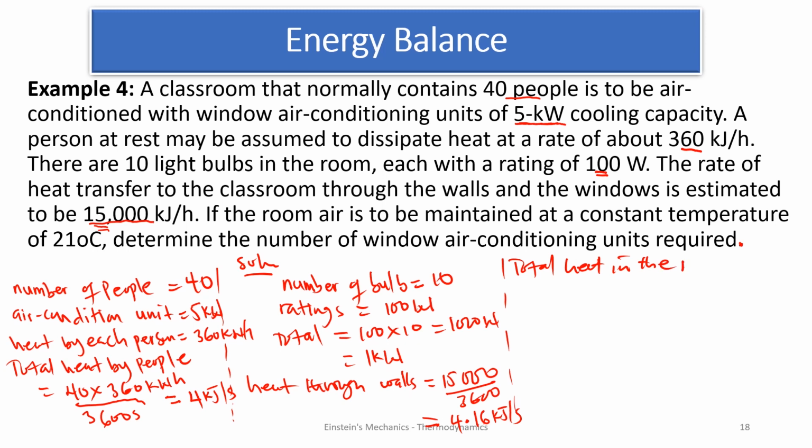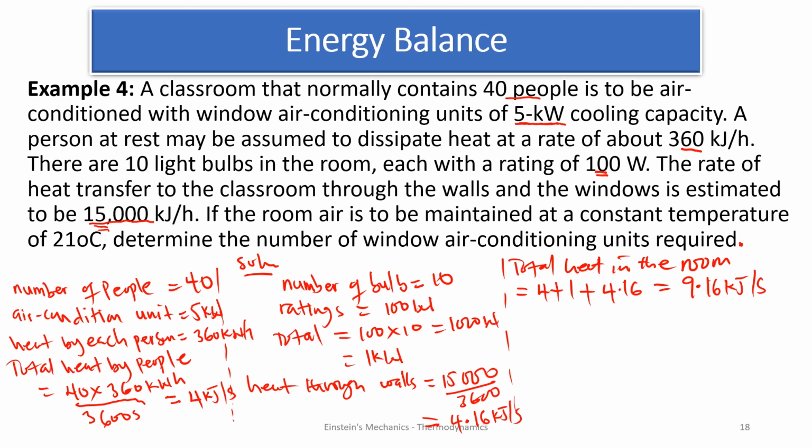The total heat in the room is the heat by the people, which is 4, plus the heat by the bulb, which is 1, plus the heat by the walls, which is 4.16, and the total heat is giving us 9.16 kilojoule per second. So inside the room, if all these are in operation, there's 9.16 kilojoule per second of heat dissipated in the room.